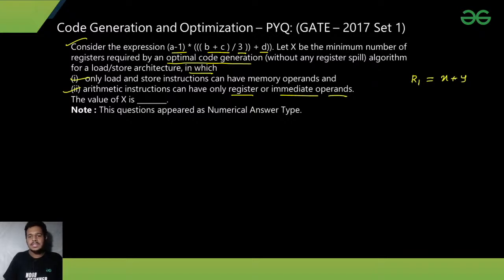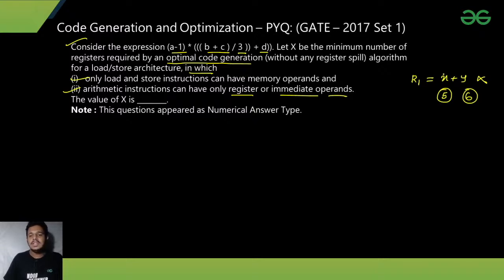These are two variables, right? These are not immediate operands. What is an immediate operand? That should be some constant. It can be 5, 6 or any integer. But here this X and Y are not immediate operands. These are memory operands. So this type of operation won't be there in our code.